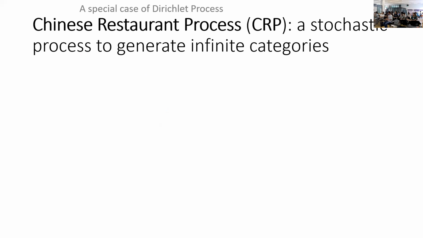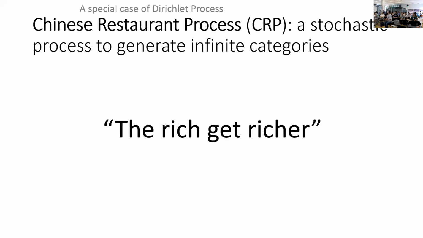A very useful thing is the Chinese restaurant process. It's a special case of the Dirichlet process. It's a stochastic process to generate infinite categories. So let's see. The basic idea we will see is that the rich get richer.